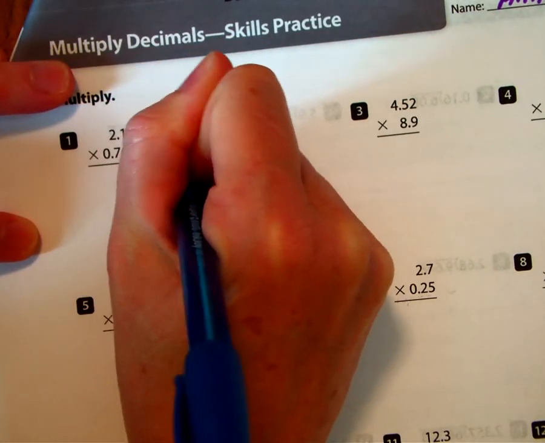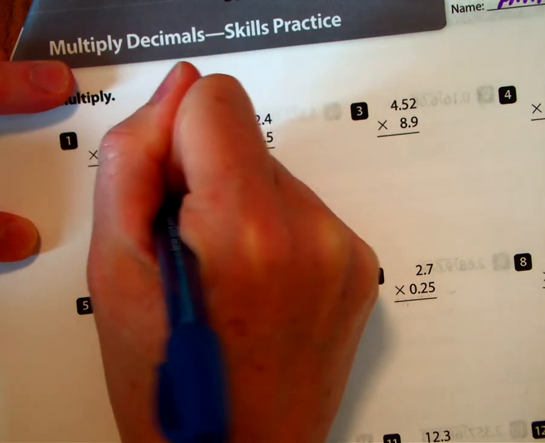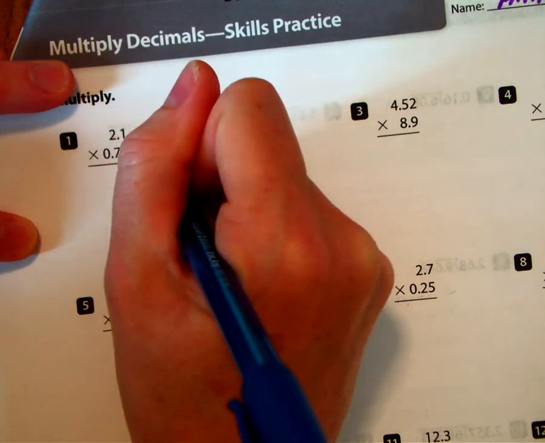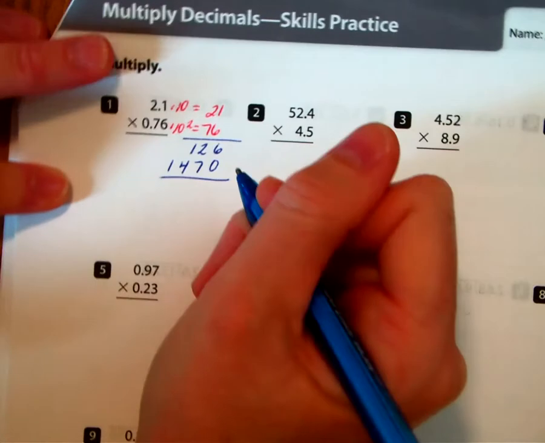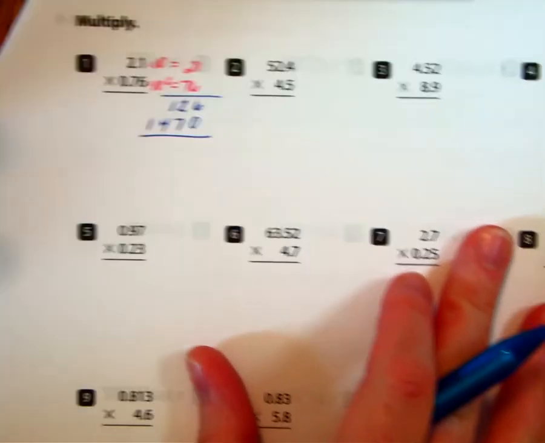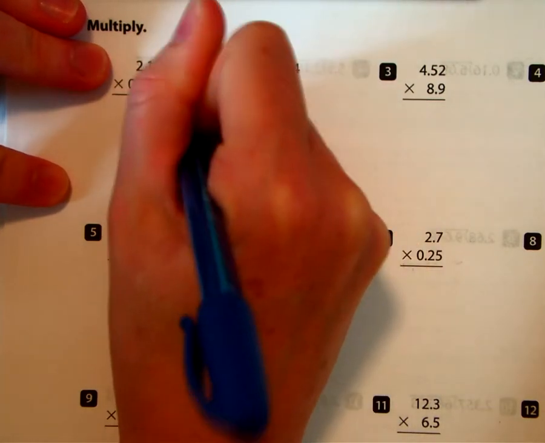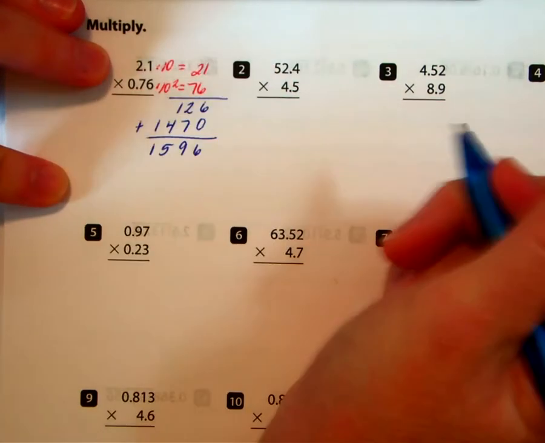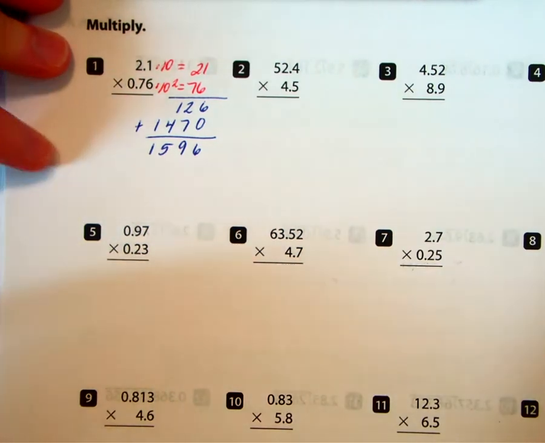6 times 6, 12, placeholder. Okay, now add your partial products. We're doing the standard algorithm here. Now this is when you have to figure out where the decimal goes back in.